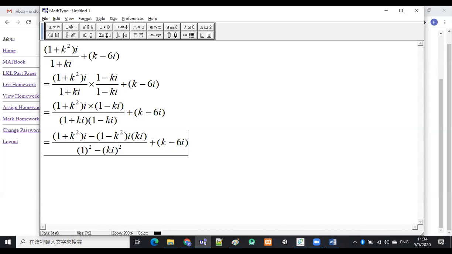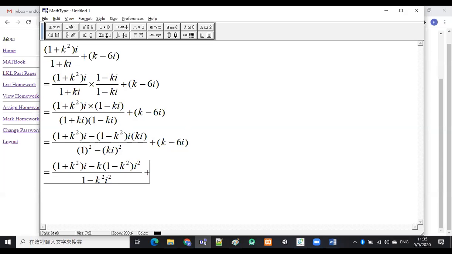Okay, and then for the first term in the numerator, it is 1 plus k squared times i, no change. And for the second one, we just multiply this: this is k times 1 minus k squared times i squared, right? And for the denominator, it is 1 squared minus k squared i squared, plus k minus 6i.